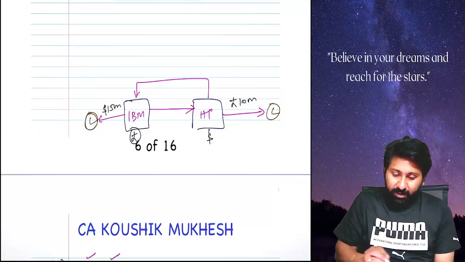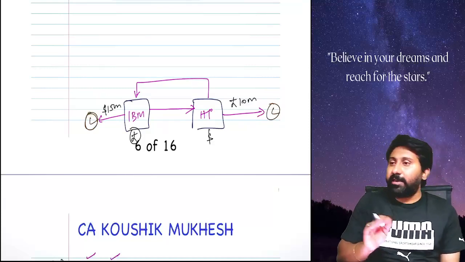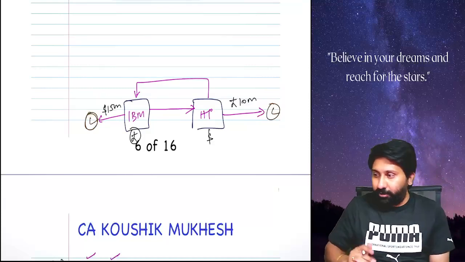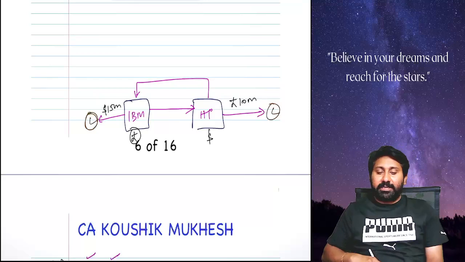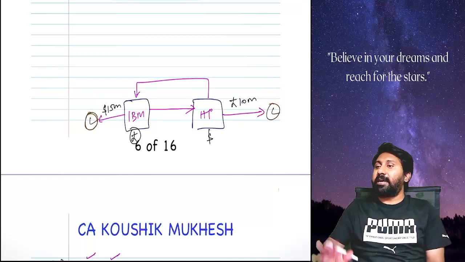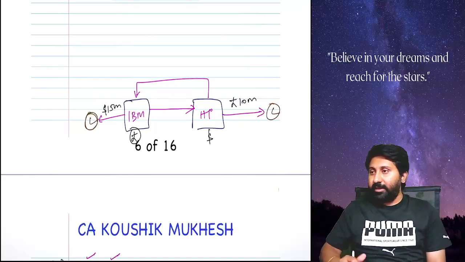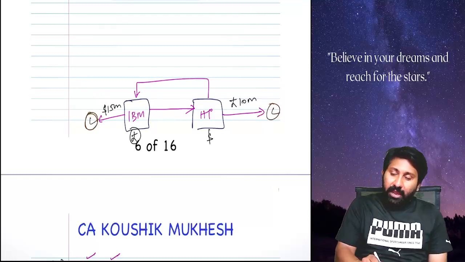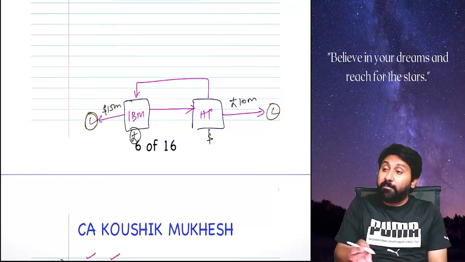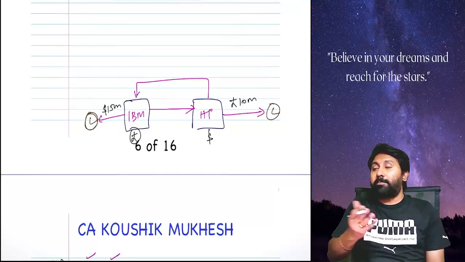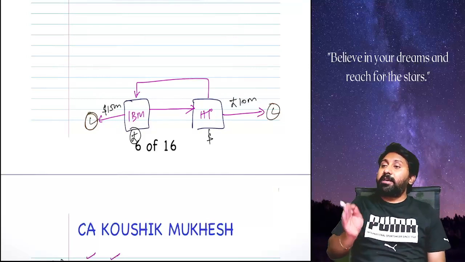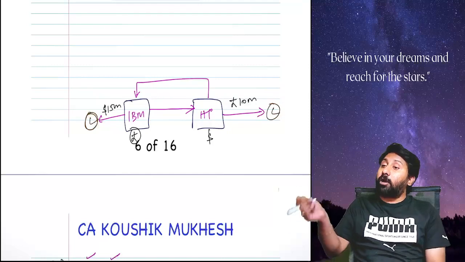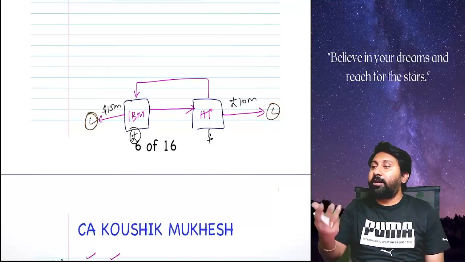I will re-explain the transaction one last time and continue. IBM is a company having home currency as pounds. HP has home currency as dollars. If IBM had already borrowed in pounds, the problem doesn't come. If HP had already borrowed in dollars, there is no need of swap.